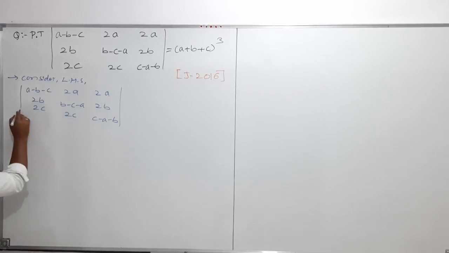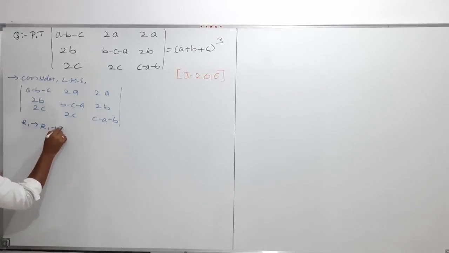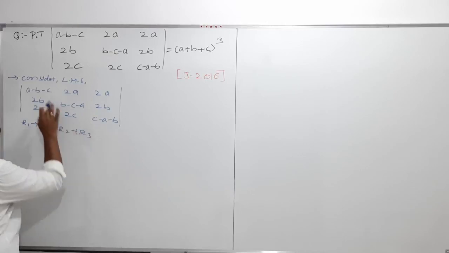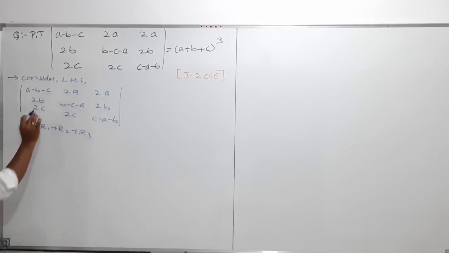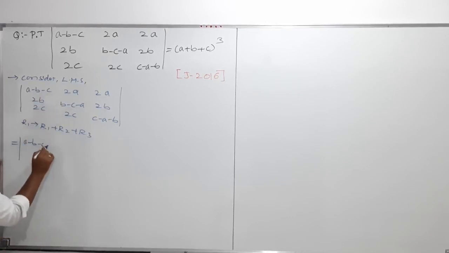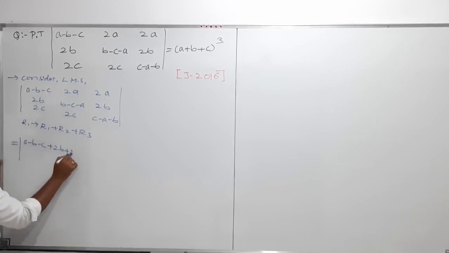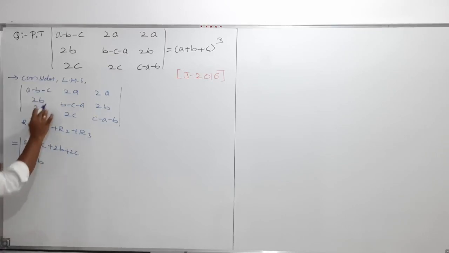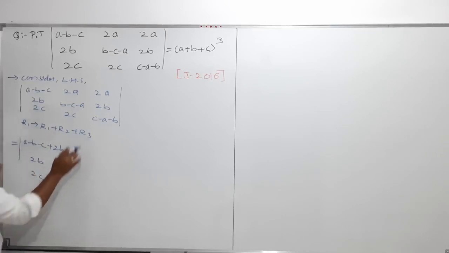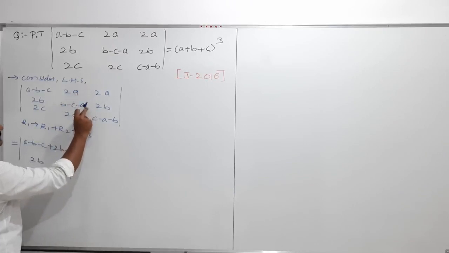And now what is the operation I am applying here? It is row 1 changes to row 1 plus row 2 plus row 3. This plus this element, 2b plus 2c, this element. And next remaining elements as it is, 2b as it is, 2c as it is. Next one is here, this element plus this element plus this element.